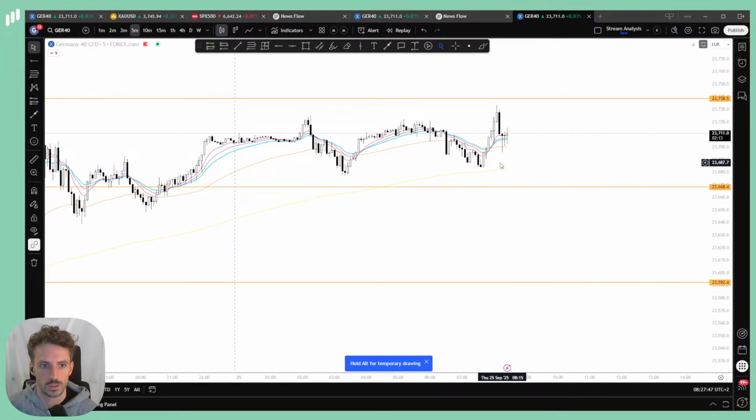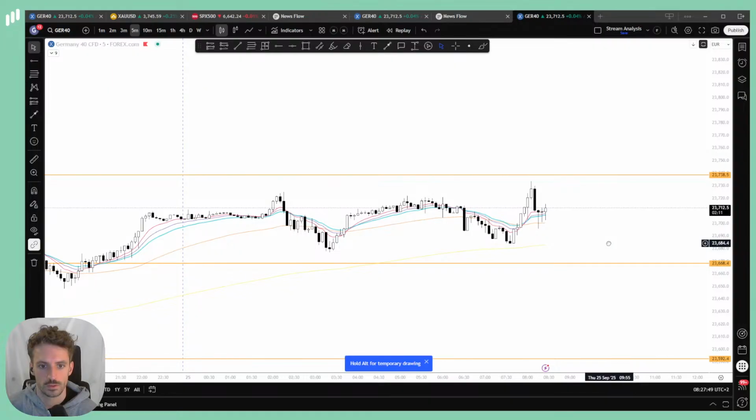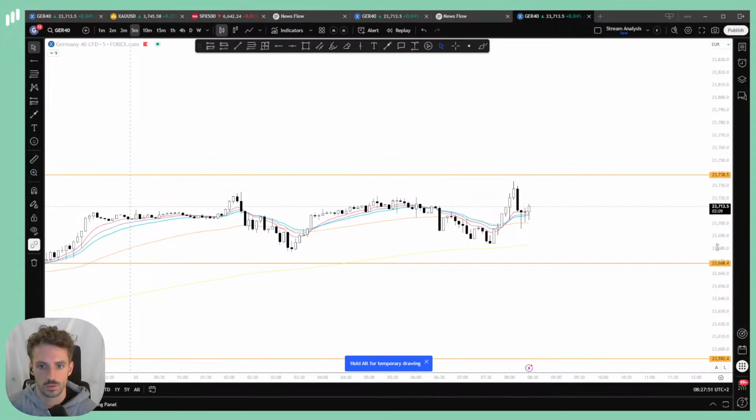Market is currently above the first three levels, close to the high from yesterday. We have 33 minutes left. The range here is holding. We see some good buying.